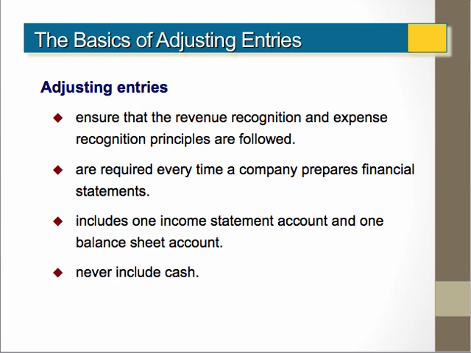So we provide what we call adjusting journal entries to ensure that the revenue recognition and the expenses are being recognized in the correct periods. We do this every time that we prepare a financial statement to ensure that transactions are properly recorded.